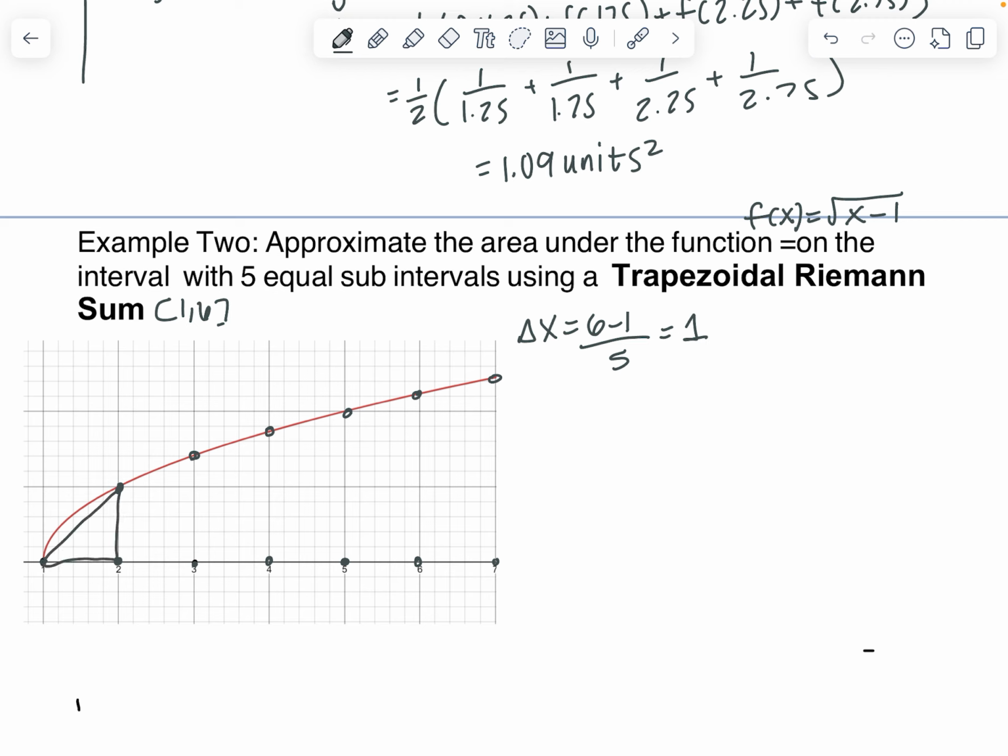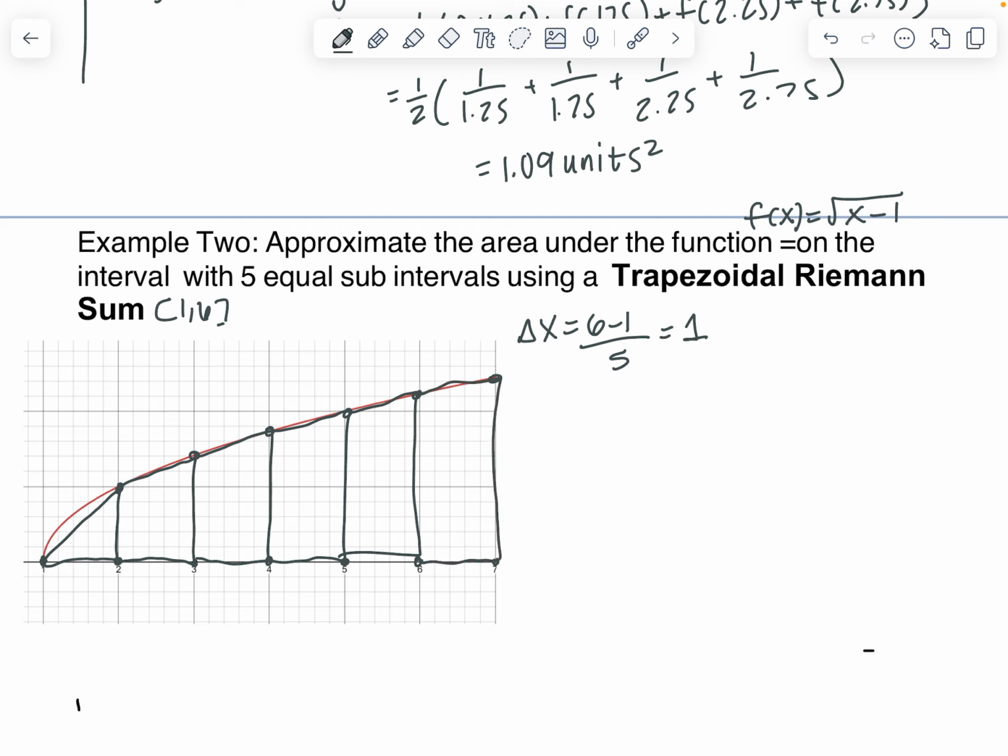But that's just because this point, if I were to try to go parallel to it, won't go up. There's no more curve. But then this next one makes a trapezoid. And if you're like, those don't look like trapezoids, just turn your paper and they will. So I have 6 trapezoids now.